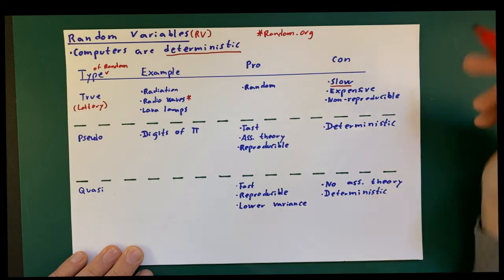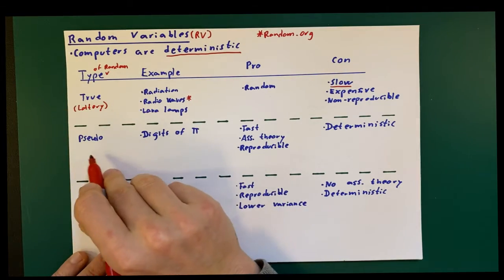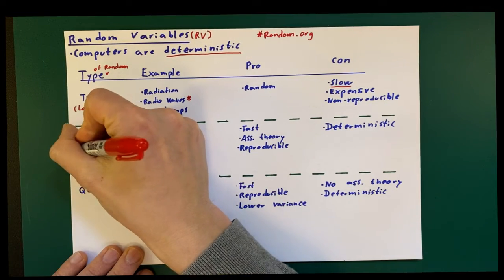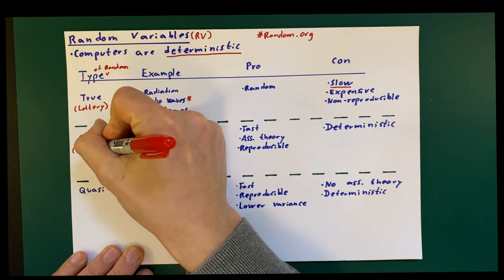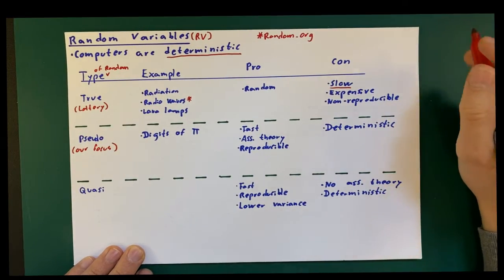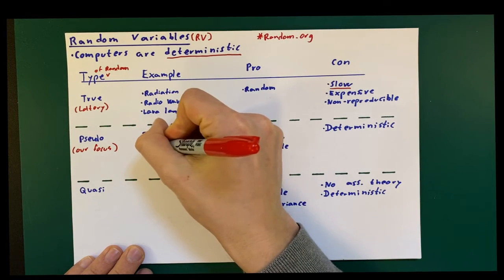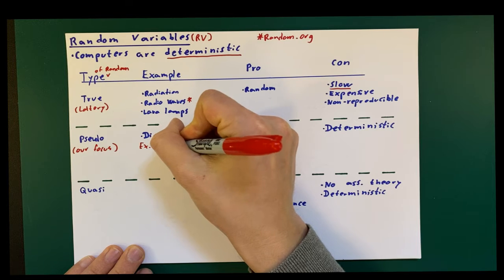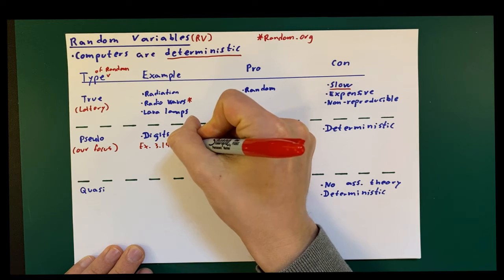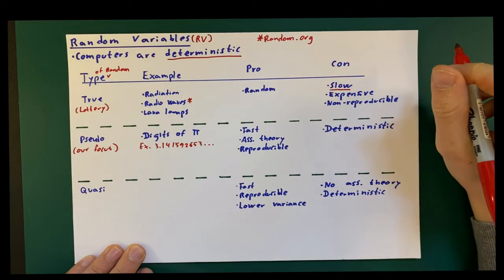So that takes us to the second type of random numbers, which is pseudo randomness, and this will be our focus, right? An example of this is something like the digits of pi. So that would be 3.14159265, and it goes on forever, right?